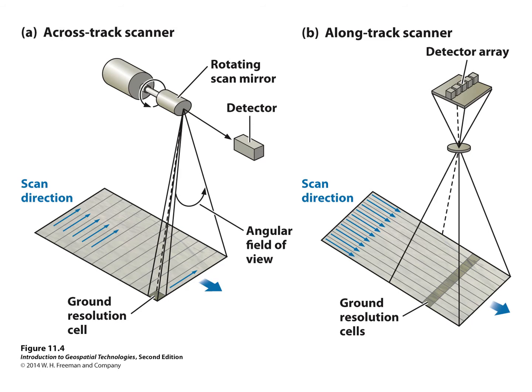The along track scanner has an array of detectors. So instead of scanning across at one time, the along track scanner scans continuously in a straight line for each of the detectors.